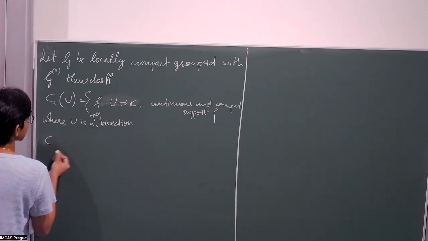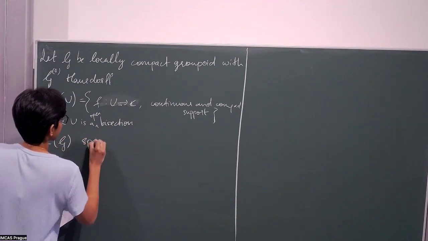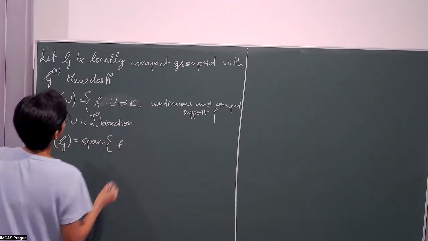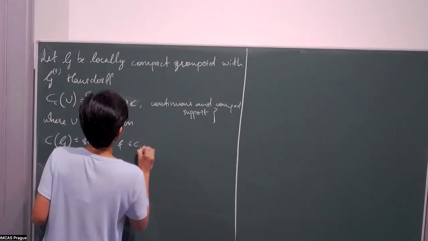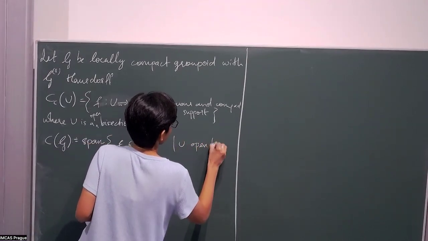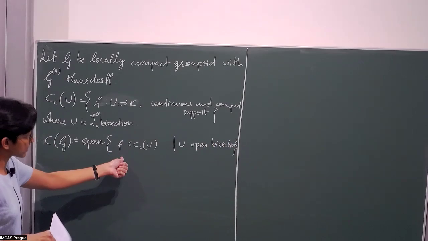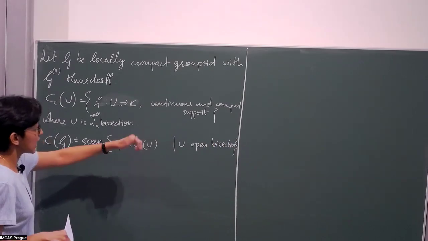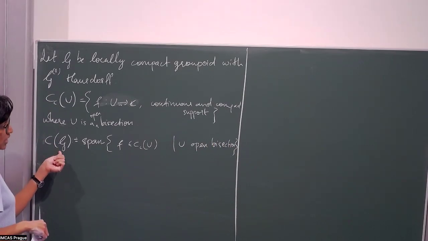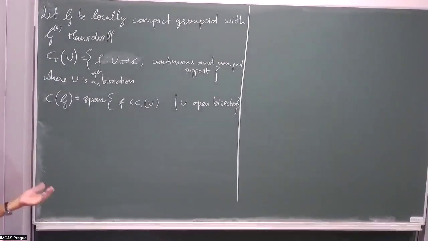Then one can consider C of G to be the span of f in Cc of U, over all open bisections U. So we consider all the open bisections, then all the functions in Cc of U, and then you take the linear combinations, and we call it C of G. But now this notation is not very good because these functions need not be continuous anymore.